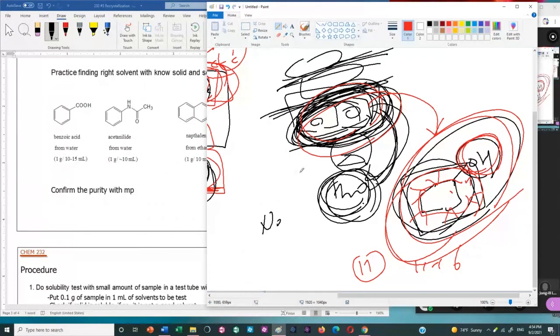So please learn how to analyze a structure depending on its polarity, and using that, you can predict the melting point, solubility, thus the recrystallization process, and we have more chances for you to practice and exercise that process of thinking.